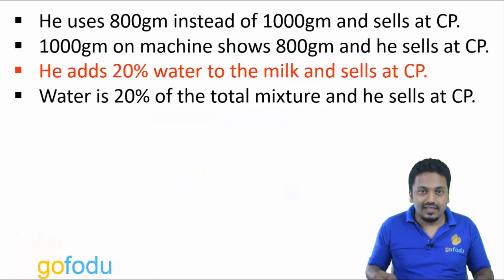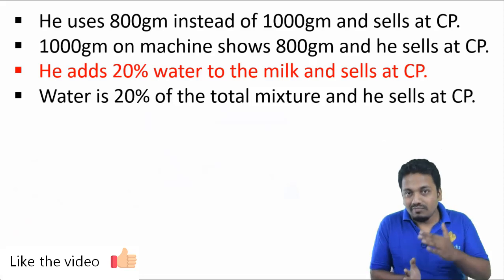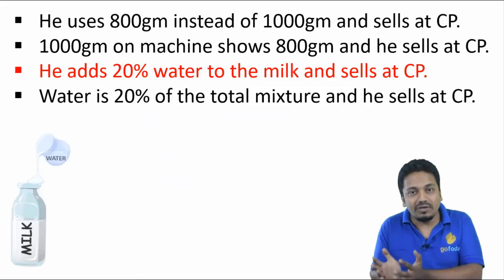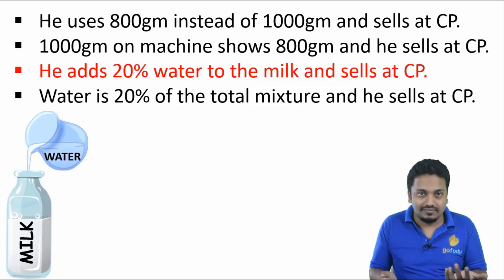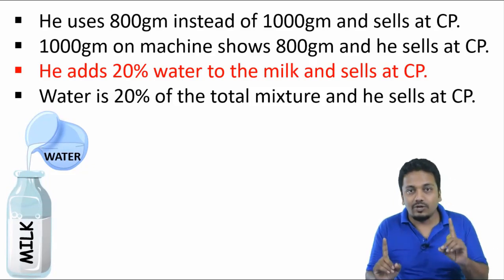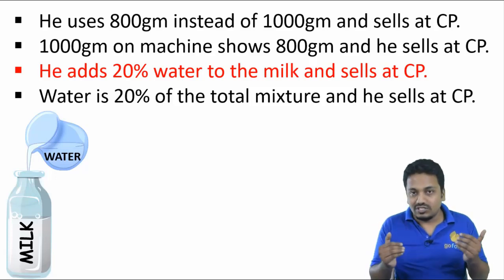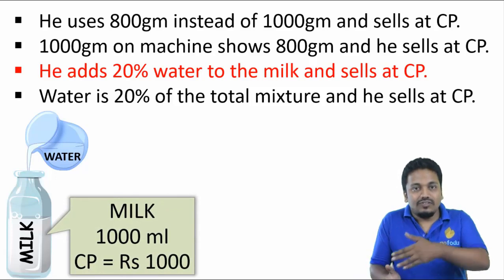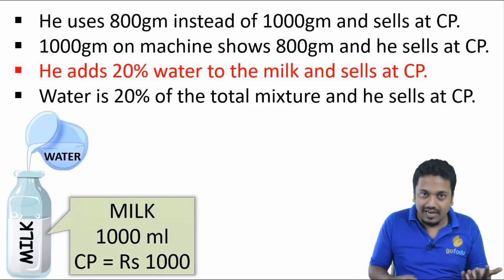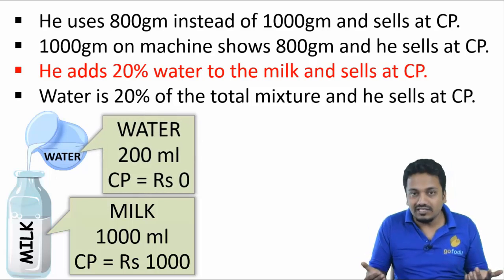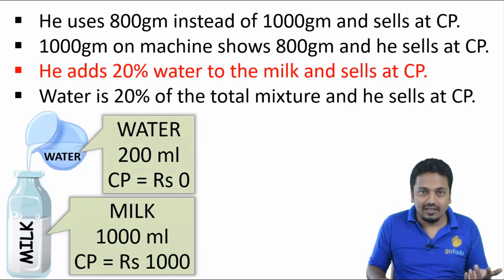Third case, adulteration or mixing impurity. The shopkeeper adds 20% water to the milk. Again, we will assume 1 ml milk to cost 1 rupee and water of course is free. So if milk is 1000 ml, its cost will be 1000 rupees and water added is 20% of the milk. 20% of 1000 ml is 200 ml.